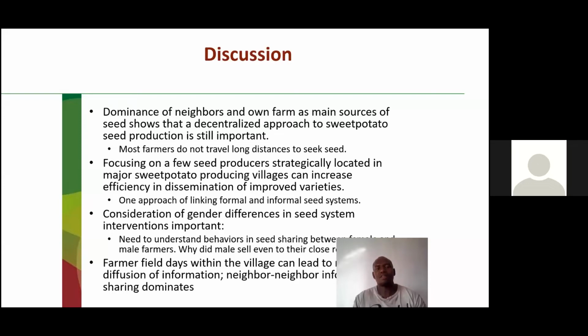Also, there is the importance of farmer field days in technology transfer. If we have farmer field days within the villages and train farmers, that information is likely to reach more farmers, because we could see that information is mainly accessed through neighbor-to-neighbor interactions.